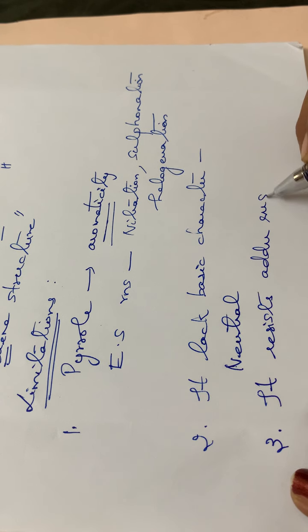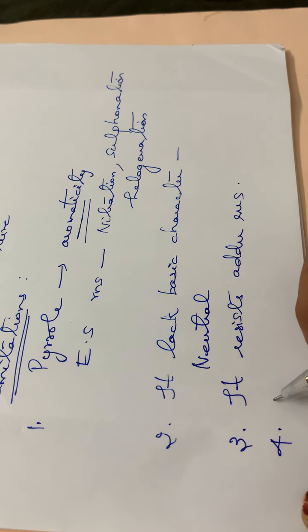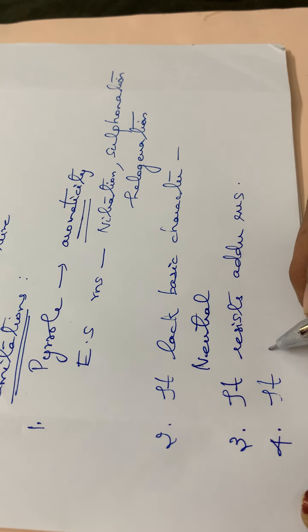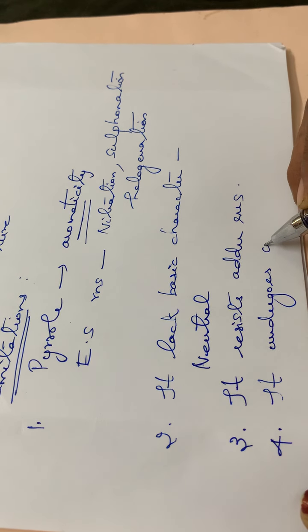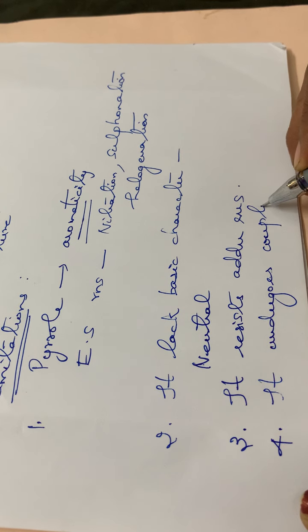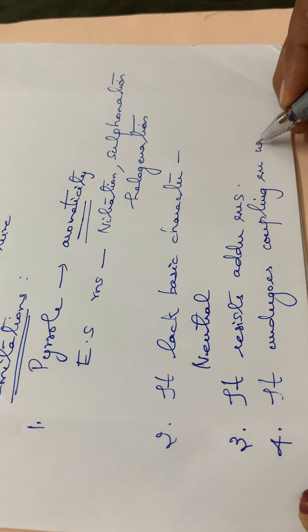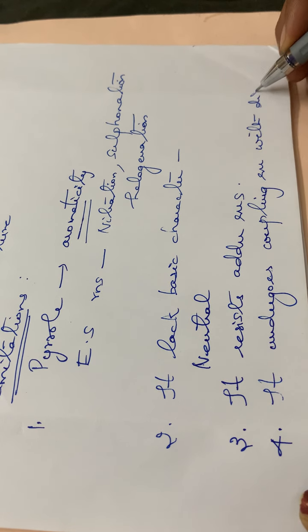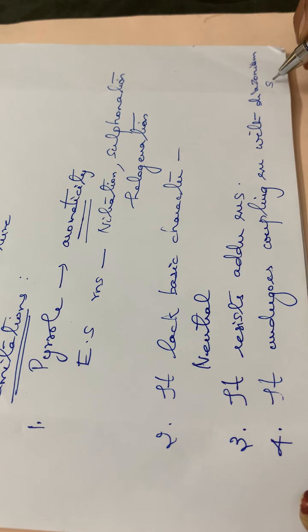Then the fourth point is that it undergoes coupling reaction with diazonium salts. Okay, so these are the limitations of this diene structure.